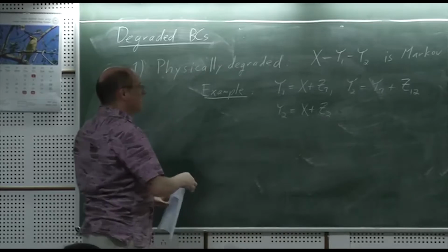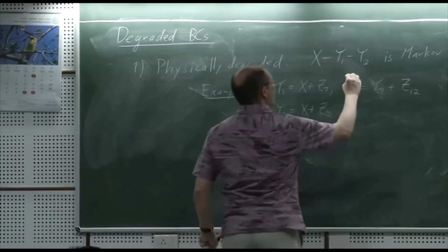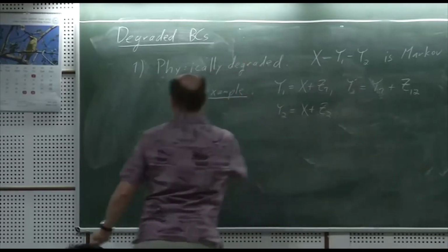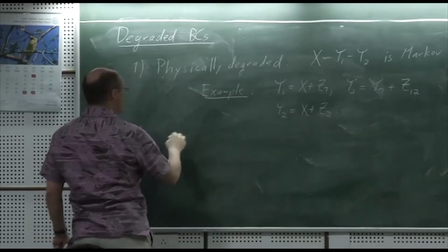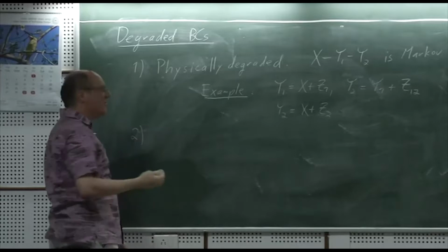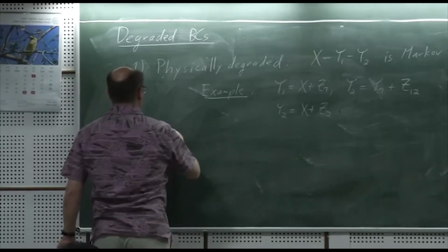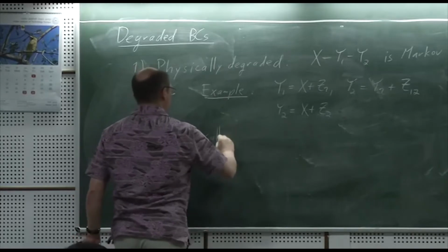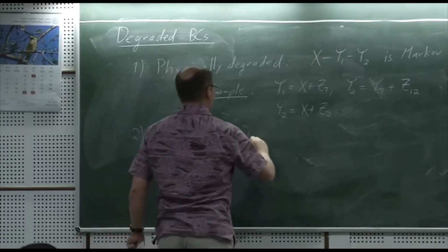Okay, so this lets us define a second class of channels, namely stochastically degraded channels, or sometimes they're just called degraded channels. So this is the more general class.